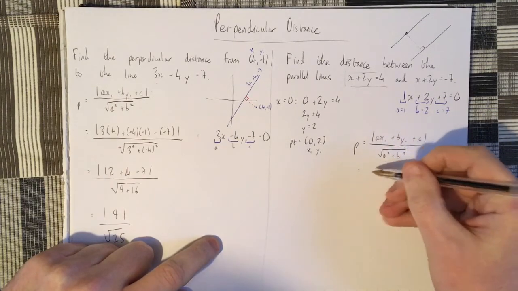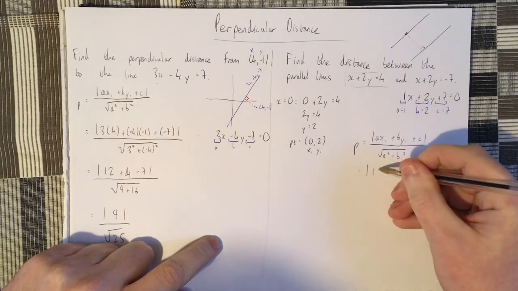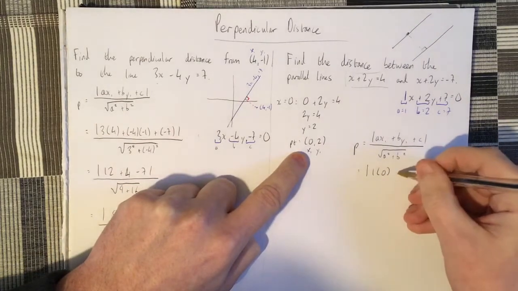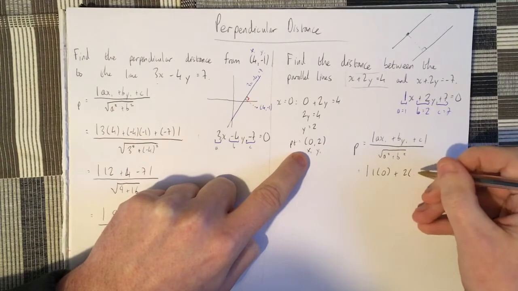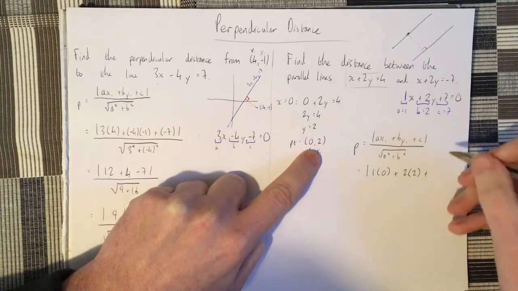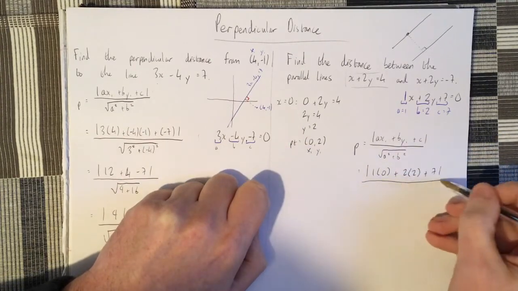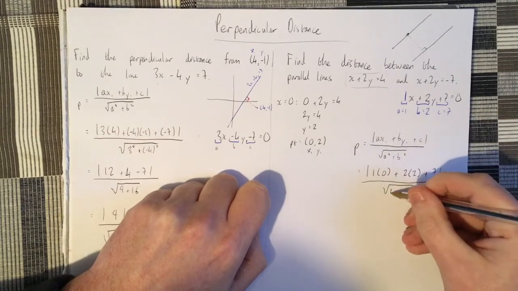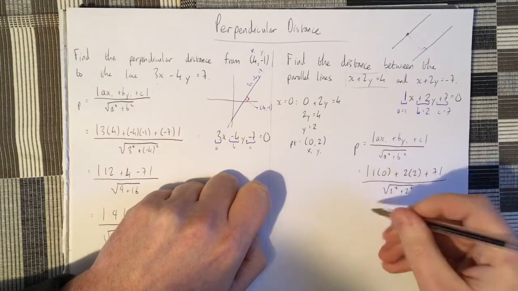So this is equal to a is 1 times x1 is 0 plus by, so that's 2 times 2 plus c is 7 all over square root a squared, so that'll be 1 squared plus b squared, so plus 2 squared.